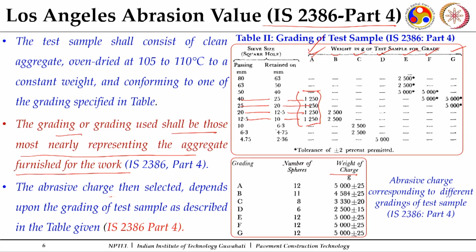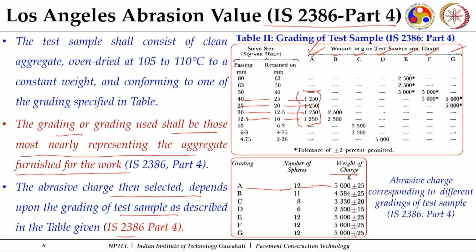The abrasive charge selected depends upon the grading you are using. For that particular grading, if we are choosing A, the number of spheres or balls to be used is 12, which gives an abrasive charge weight of around 5 kg plus or minus 25 gram.